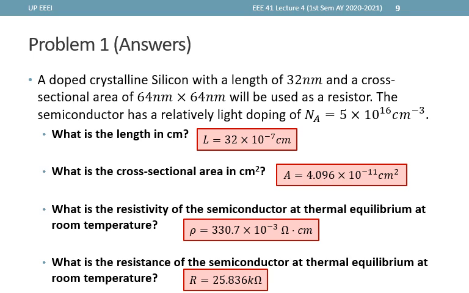Now for the resistivity, the dimension does not matter first. So we computed first the n and p, then determine from the table the value of mu n and mu p to be able to solve the resistivity. Now, given the resistivity, we use the dimensions to compute the resistance.